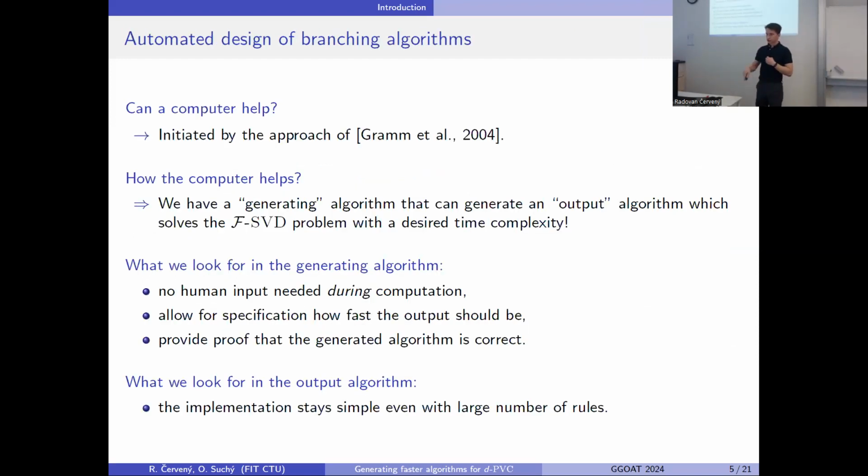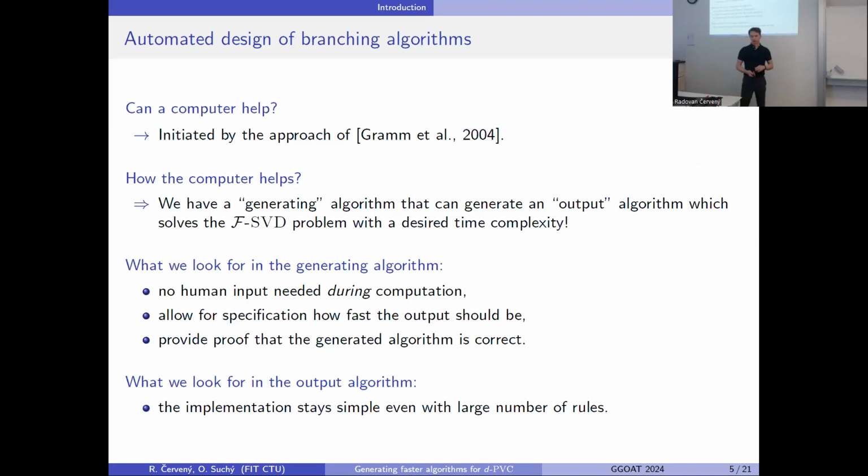So the question is, can a computer do this for us? Maybe a computer, like there is a lot of talk about AI, but that's quite imprecise for our case. But what can a computer do in this case? Well, this approach was initiated by Gramm et al., who showed that this is actually possible.